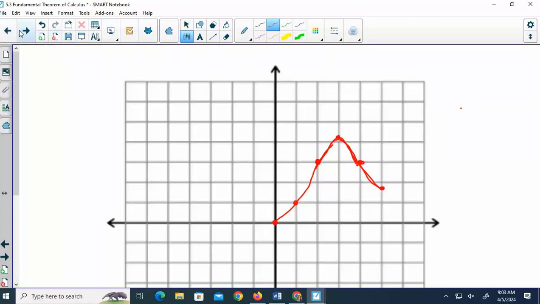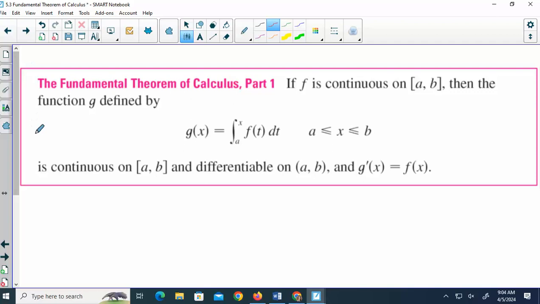So the fundamental theorem of calculus, part 1, tells us if you have a continuous function on the interval a to b, so continuous means we can do the antiderivative, and x is somewhere between, then the derivative of g is equal to f of x. So g is the antiderivative.